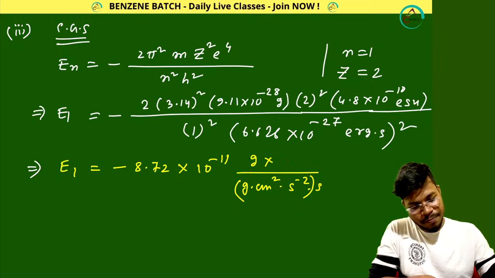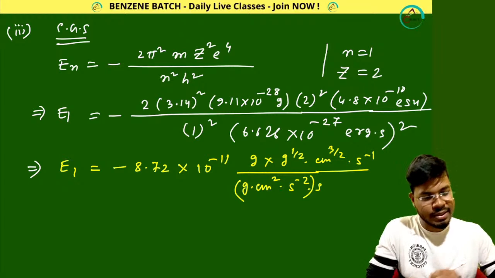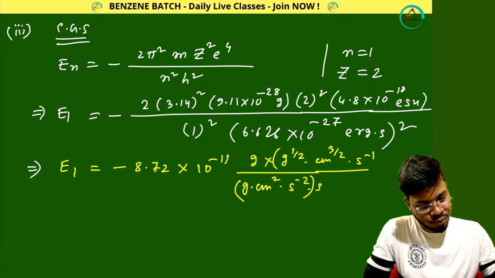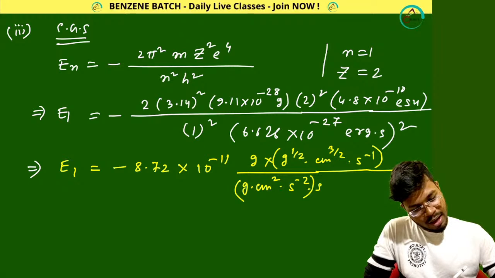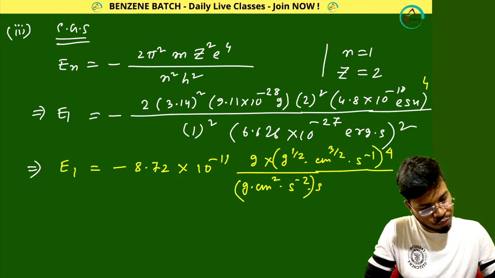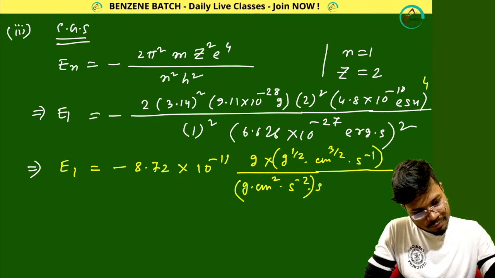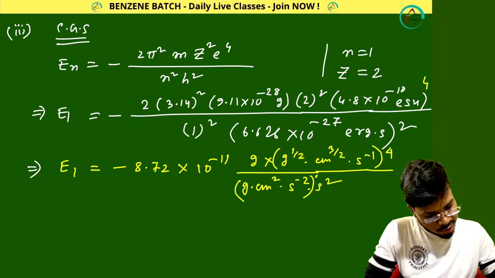Gram to the power 1/2, centimeter to the power 3/2 and second inverse is the value for ESU. Here it will be 4, ESU 4, so I have to put 4 over here. I just ignored that 4, and finally it will be square and it will also be square.